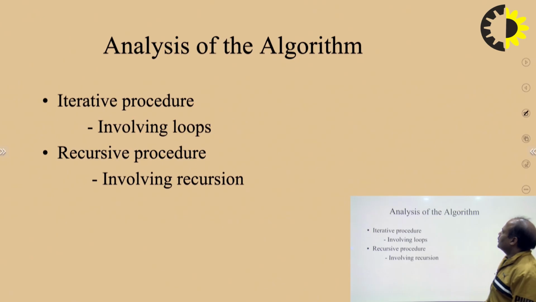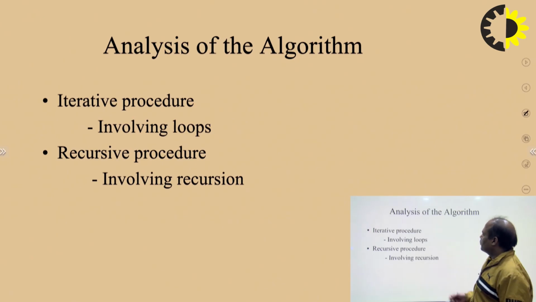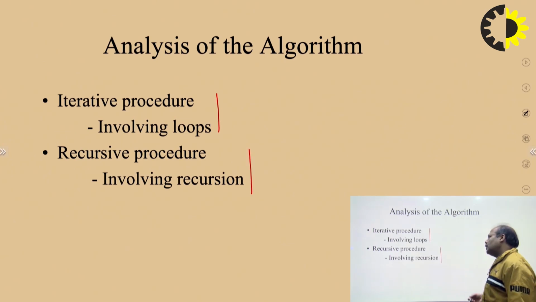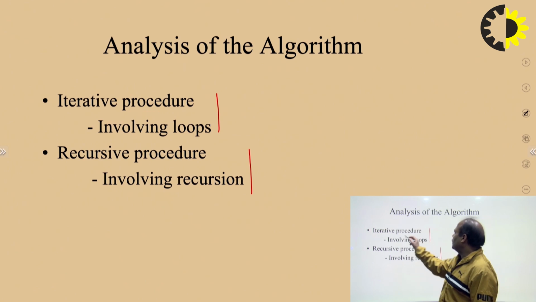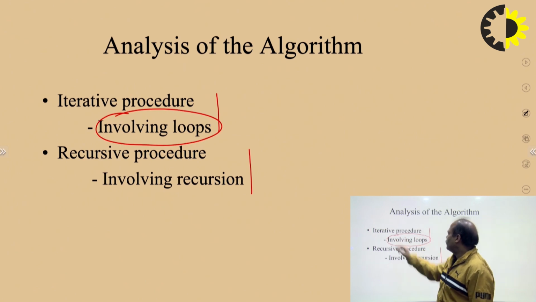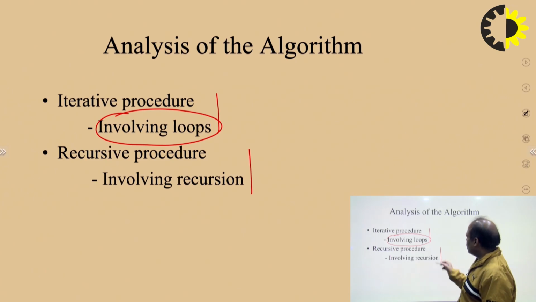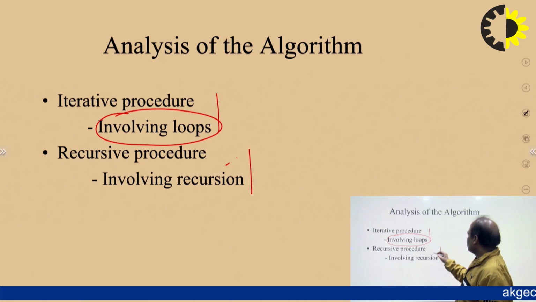If we talk about analyzing an algorithm, generally we have two types of procedures. The first is iterative procedures, where we use loops, and the second is recursive procedures, which involve recursion. The time of a recursive procedure is computed in terms of a recurrence relation, so we'll discuss it separately.